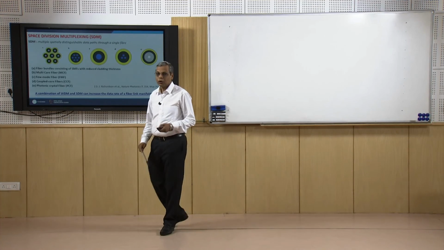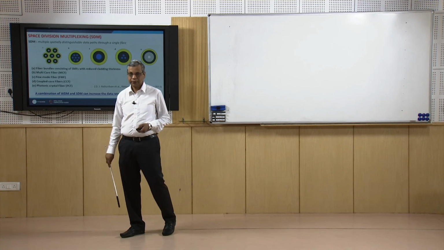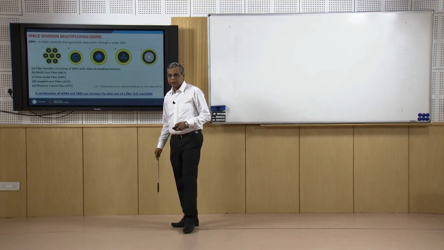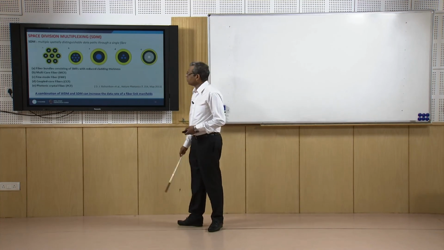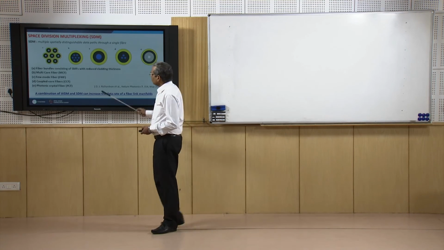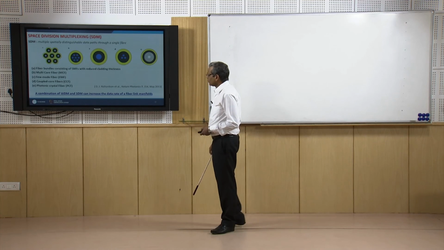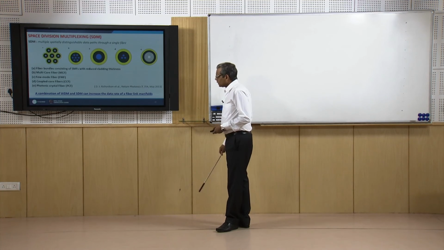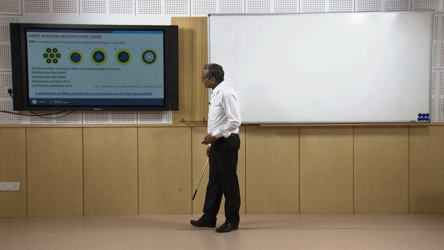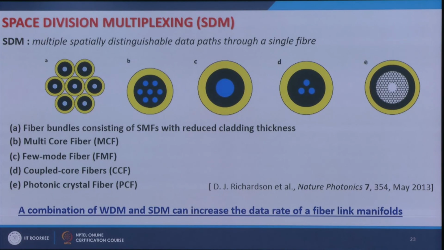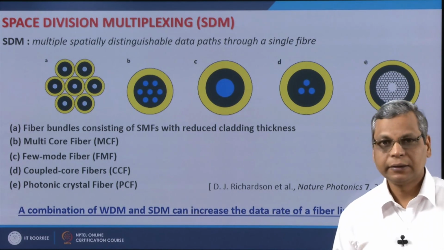You can make hollow core fiber out of it, where there is no material. So, there is no dispersion, very less loss. So, people are looking at all these possibilities, and it is envisaged that a combination of WDM and SDM can increase the data rate manifold.